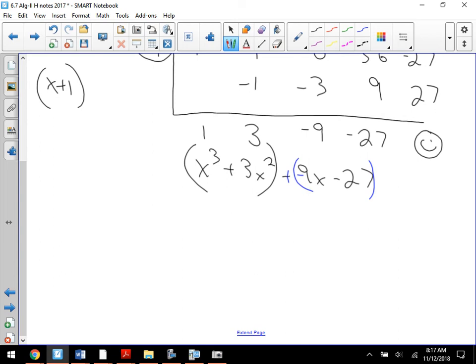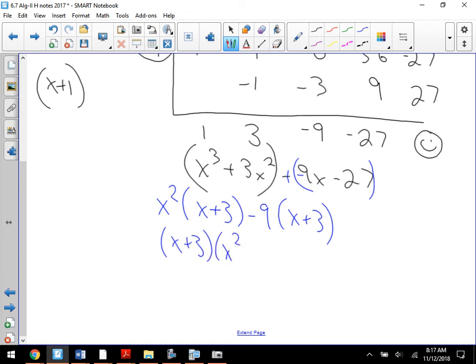So you have x squared, x plus 3. Take out the -9, and you have x plus 3. Are those 2 things in the parentheses the same thing? That's a very good sign. So you have x plus 3, x squared minus 9, along with this guy.